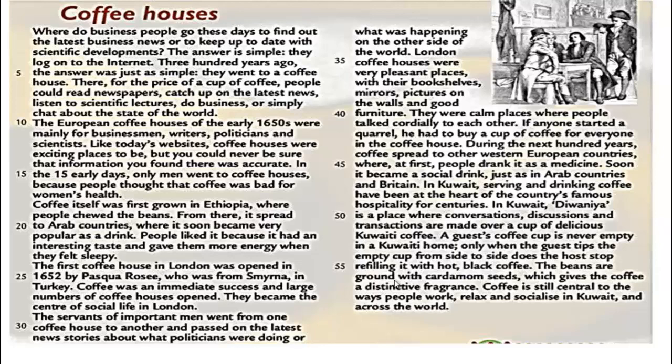For the price of a cup of coffee, people could read newspapers, catch up on the latest news, listen to scientific lectures, do business, or simply chat about the state of the world. The European coffee houses of the early 1650s were mainly for businessmen, writers, politicians, and scientists.